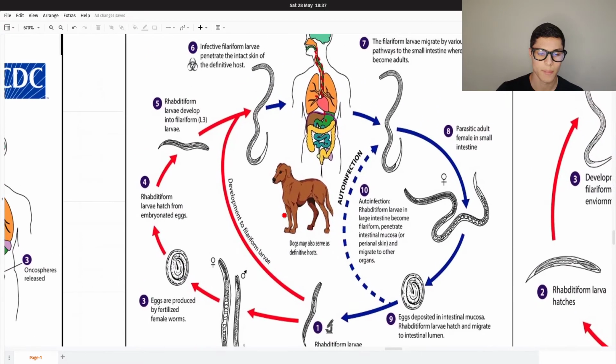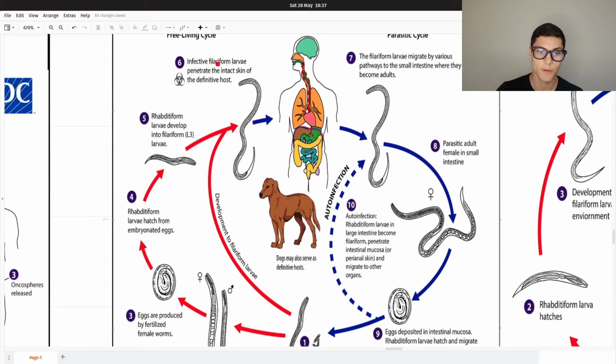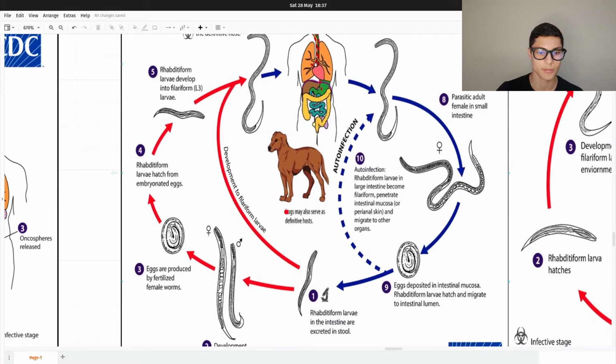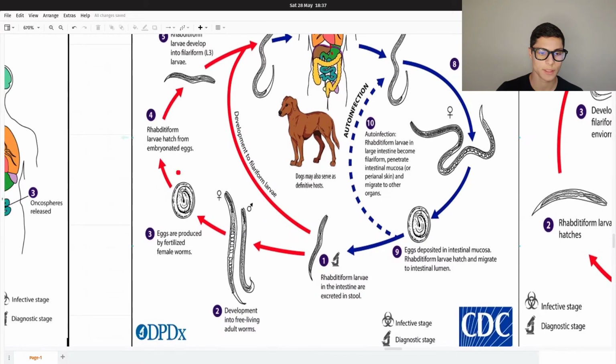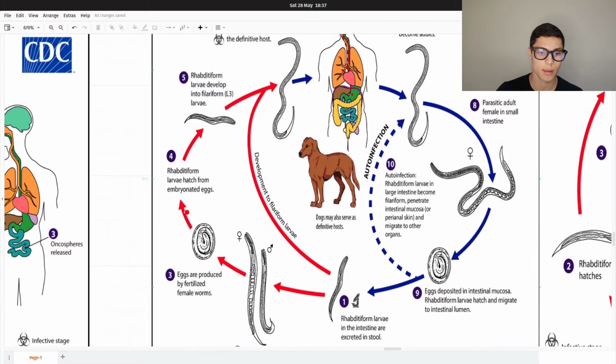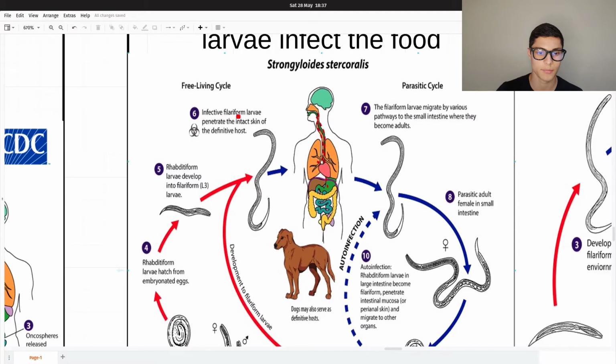And then they will create the filariform larvae, but they can go either directly or via this cycle where they differentiate as male and female. They create an egg, and then from the egg another larva comes, which is the rhabditiform, and then they create the infective filariform larvae, and this can penetrate the skin of the definitive host.